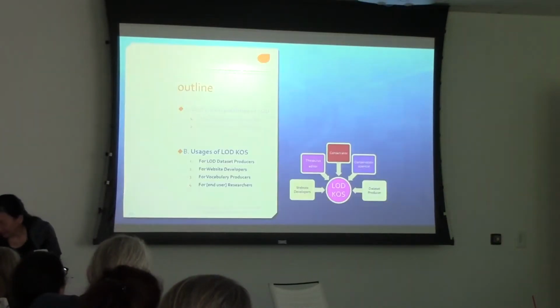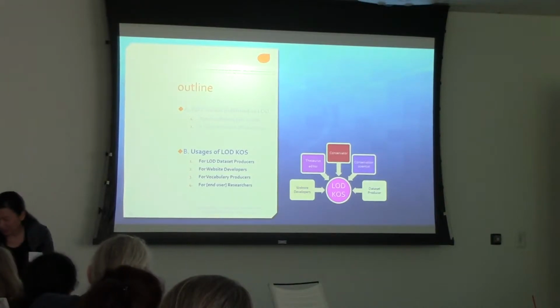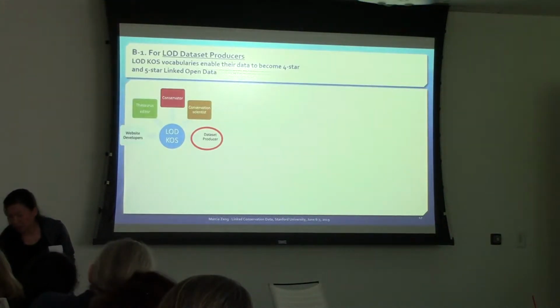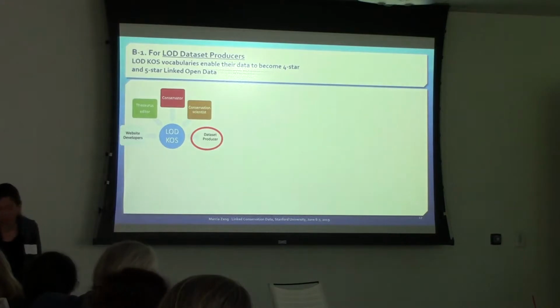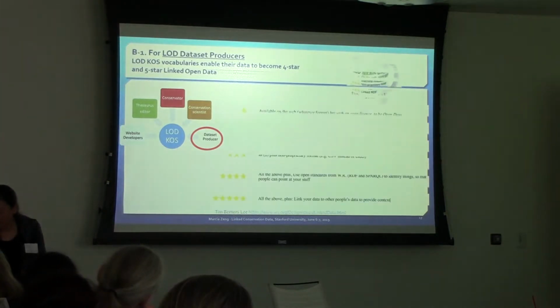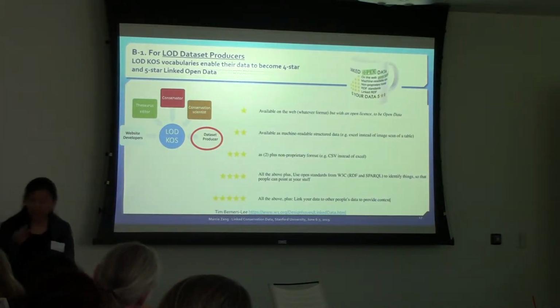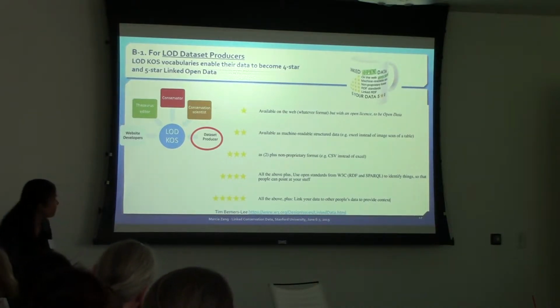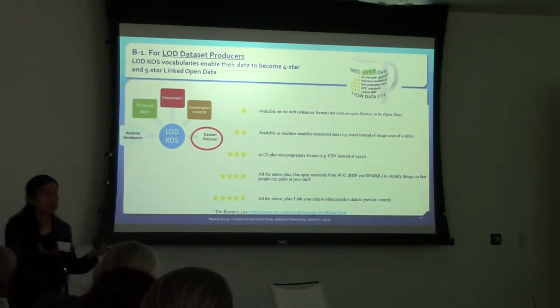Okay. So the next part I want to show you is why we want to make them triples, machine understandable. The first thing I want to look at is for data set producers. Now we've just got the 5-star, right? So 5-star requires people to start publishing anything.